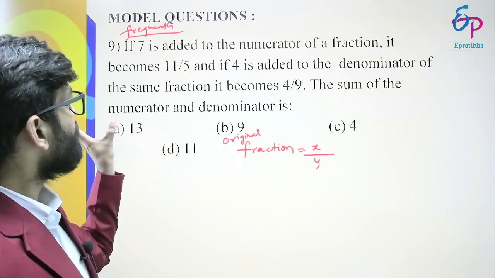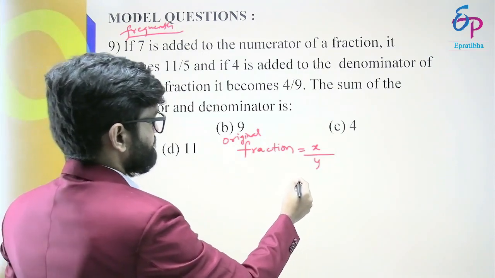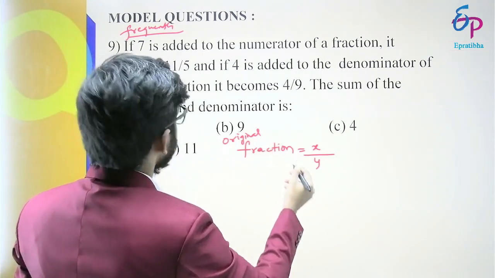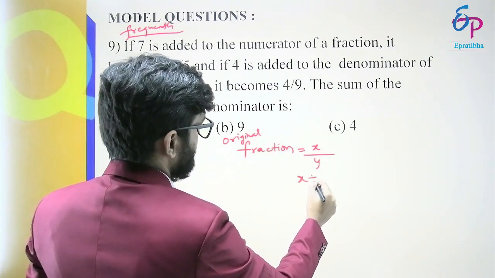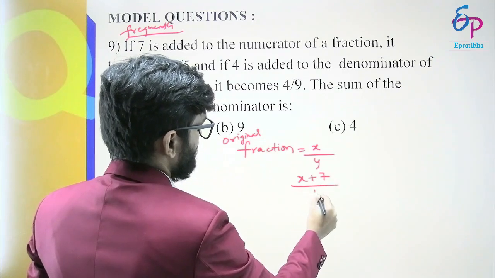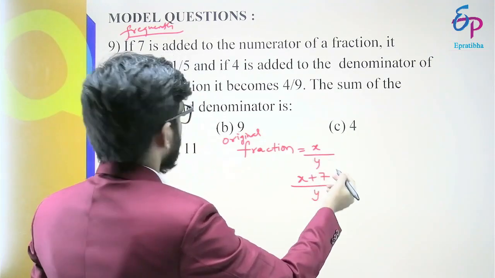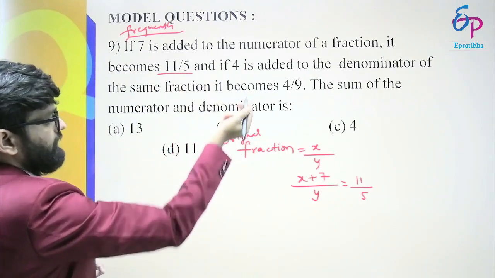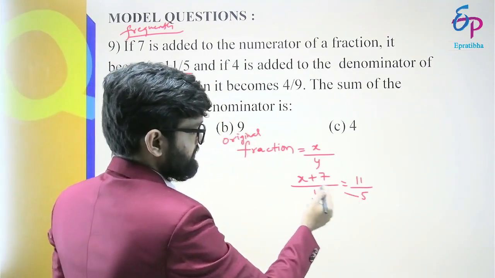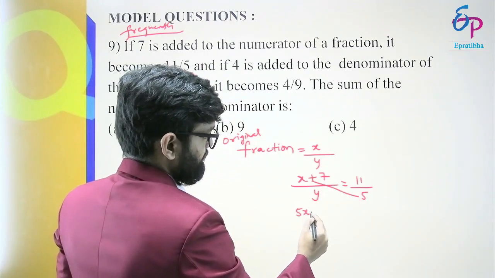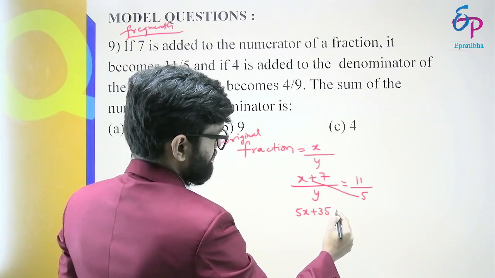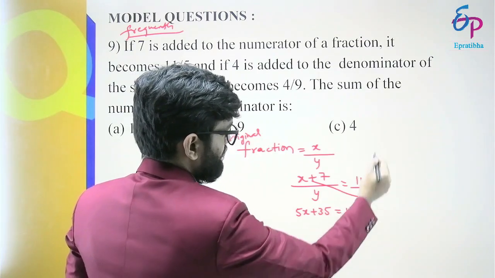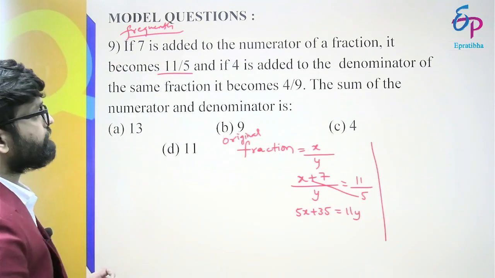Now if I am adding 7 to the numerator, it will become 11 by 5. So take this expression: 5x plus 35 is equal to 11y. Now what are they telling next?